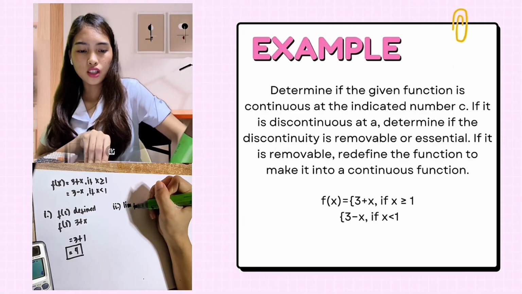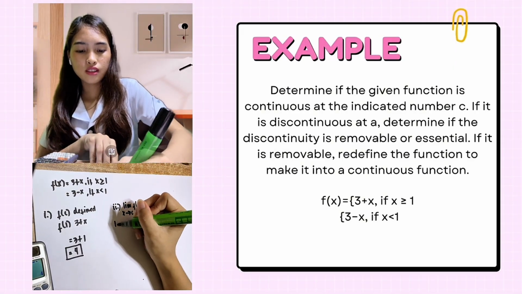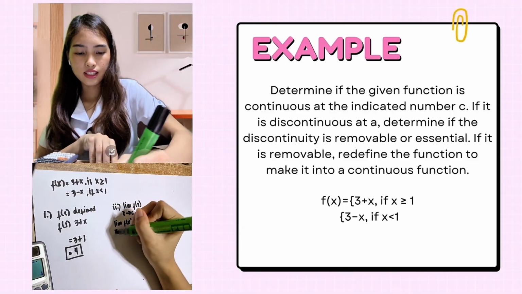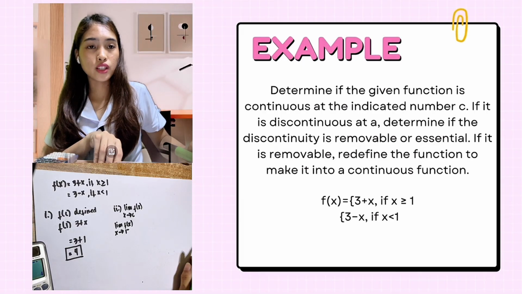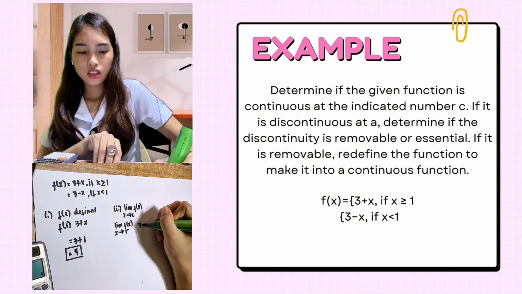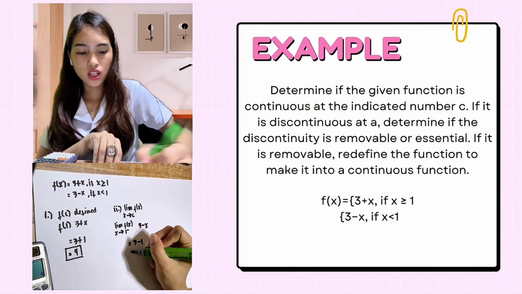Limit of f of x as x approaches c. The left hand limit, f of x as x approaches 1 from the left. Since our x is approaching 1 from the left, our f of x is 3 minus x. So let's input the x. 3 minus 1 is equal to 2.